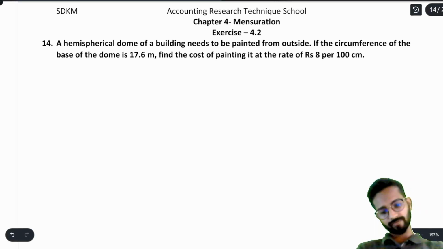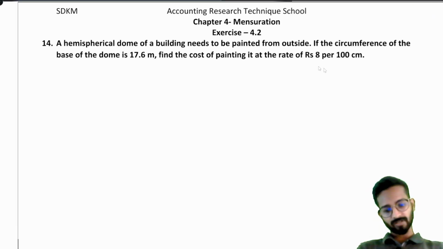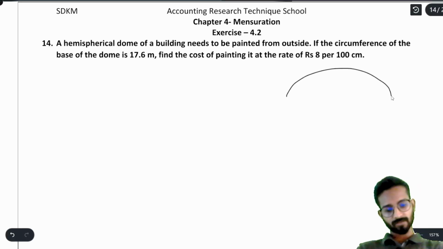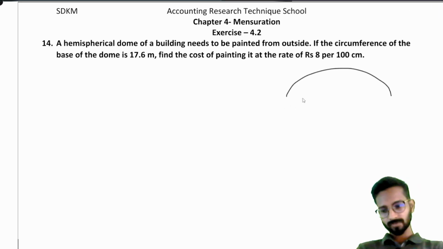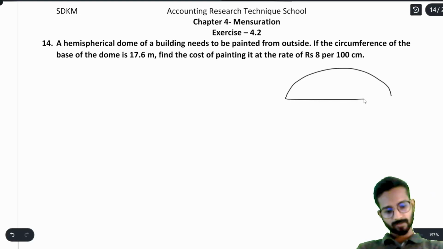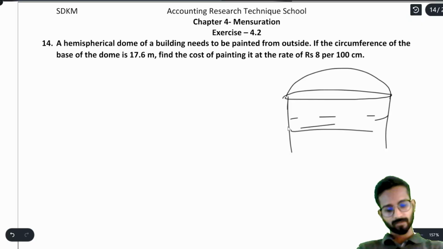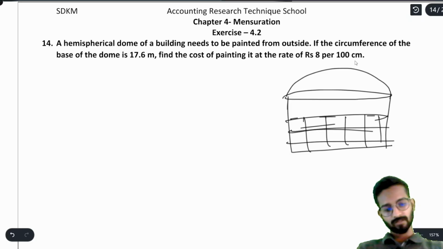If I have to draw the figure, this is your hemispherical dome. This is your building. Now, we are supposed to focus on this hemispherical dome.